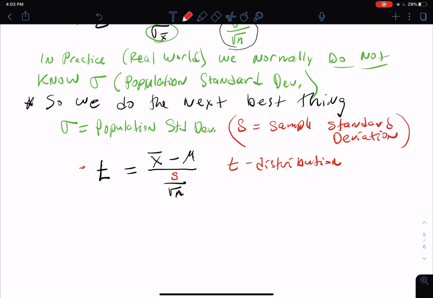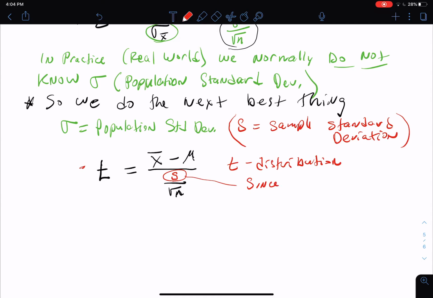The t distribution, because of this s value, it's not the population standard deviation, which is a constant one number. It's a sample, and every sample that you take, you get a different little s, right? You get a different standard deviation. So let's write some stuff down.